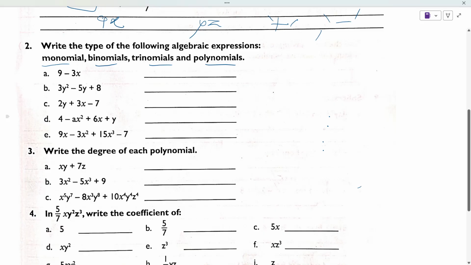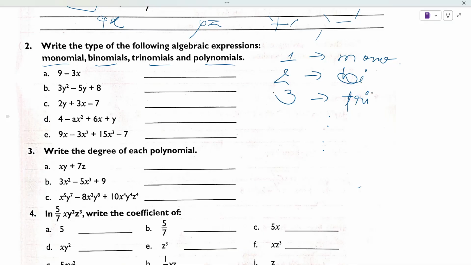So we know that if there is one term, then we name it monomial, wherein two terms we call it binomial. Again, we have discussed all these in the class as well, the offline class as well. And when there are three terms, we call it trinomial.